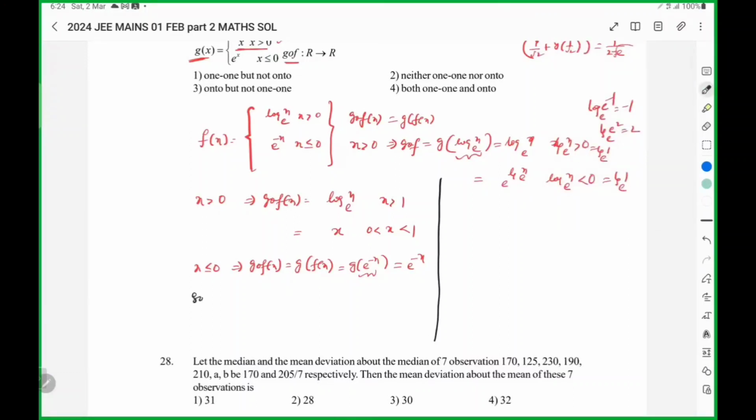So g of f of x is equal to, finally, for 0 less than x less than 1, x; for x greater than 1, log x to the base c; for x less than or equal to 0, we got e power minus x.